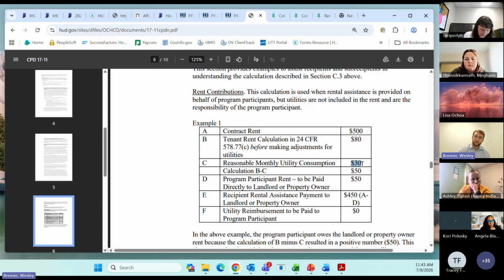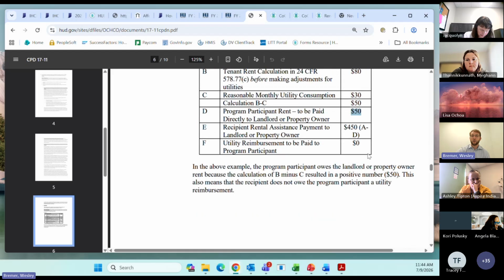And because of that, it will drop their rent contribution down to $50. So in the end, we'll have a scenario where the agency is paying $450 to the landlord and the household is contributing $50. In this scenario, no utility reimbursement is necessary.